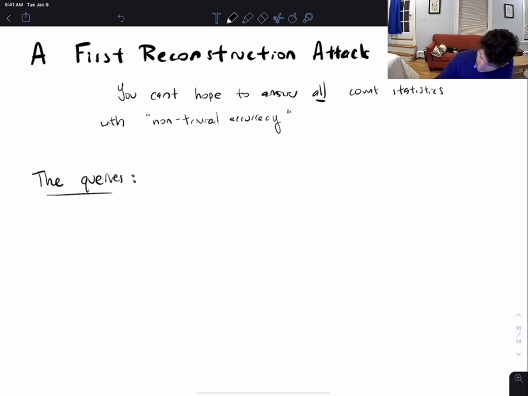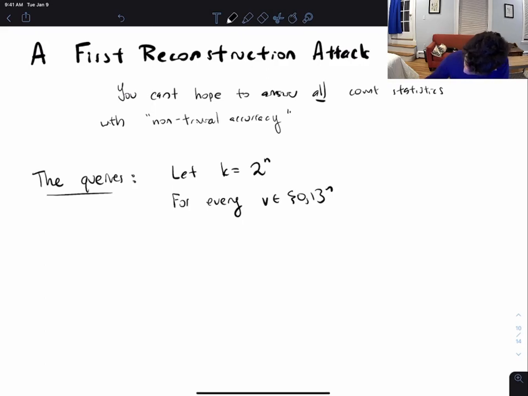So let k be 2 to the n, and for every vector v of length n, define a query f sub v equals v. All right. So what do I mean by that?